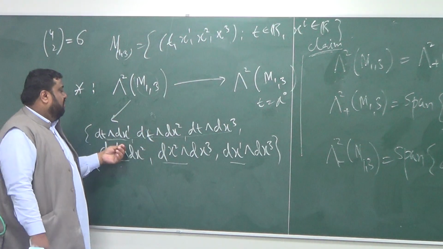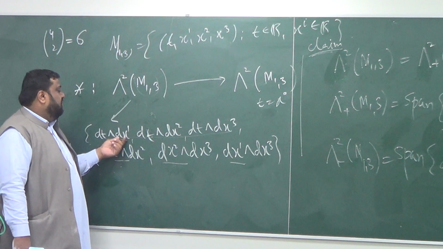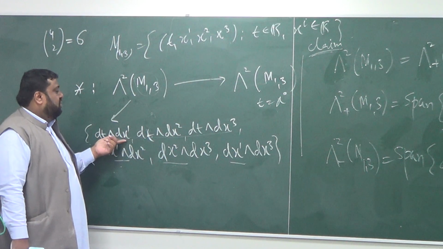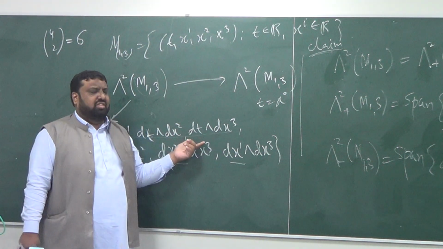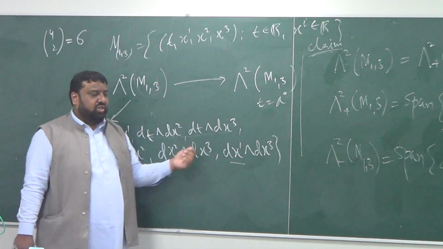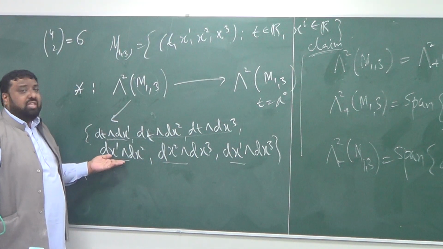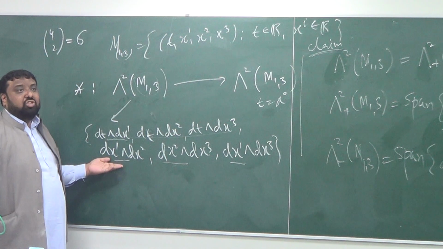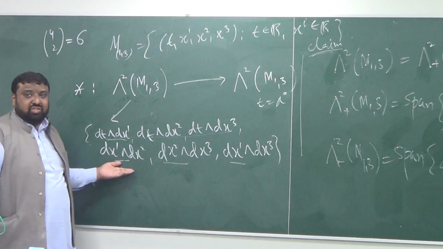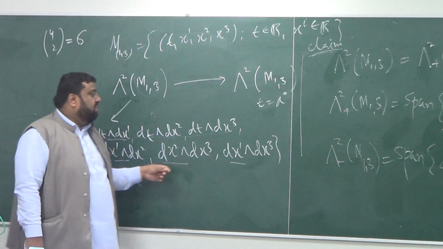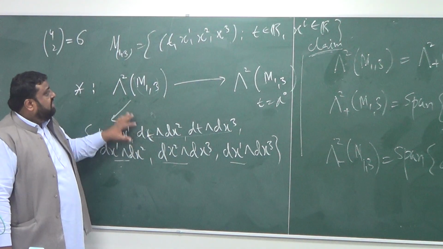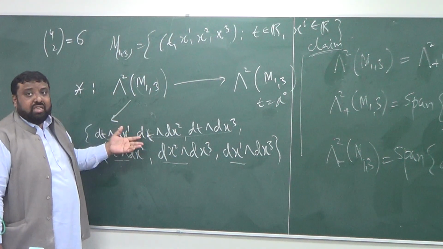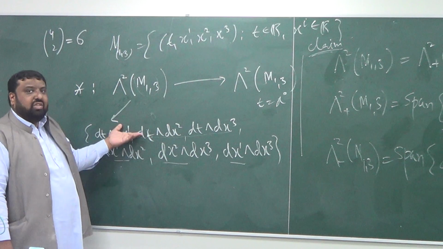So what the star is going to do is take a 2 form spanned by these bases, wedge products, and map them onto the 2 form spanned by these wedge products. In other words, this star is splitting the space into 2 parts, and you can do it the other way around as well.